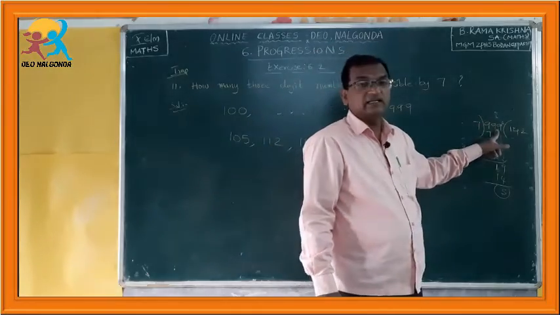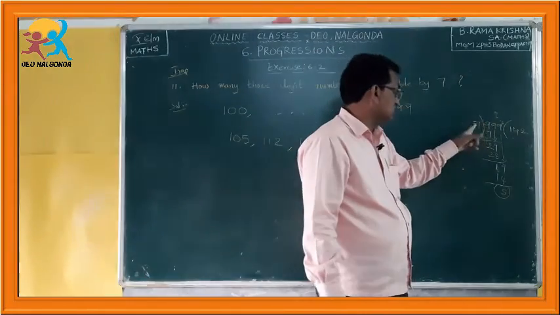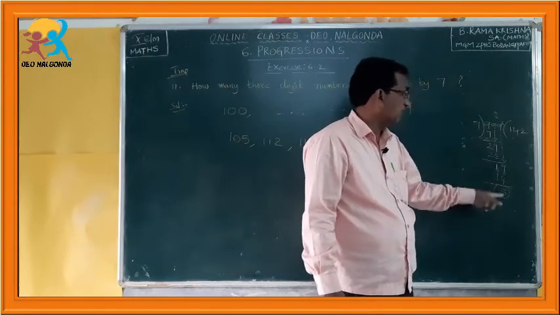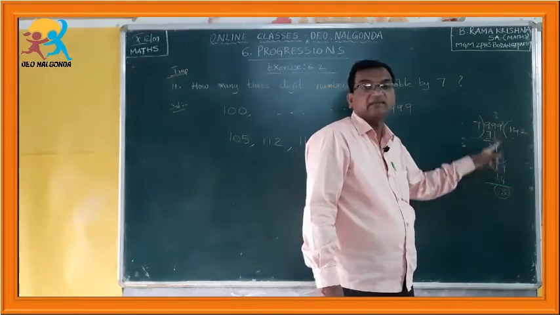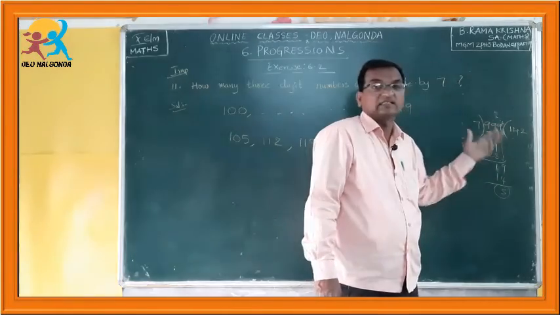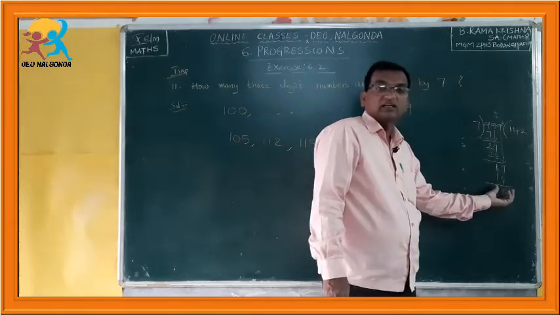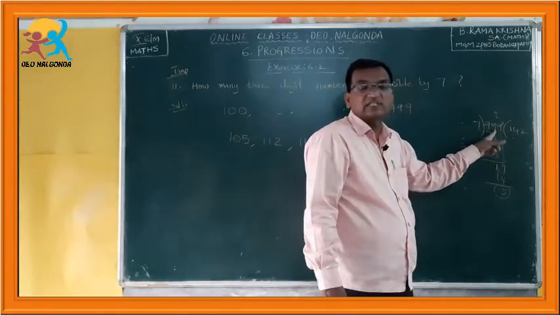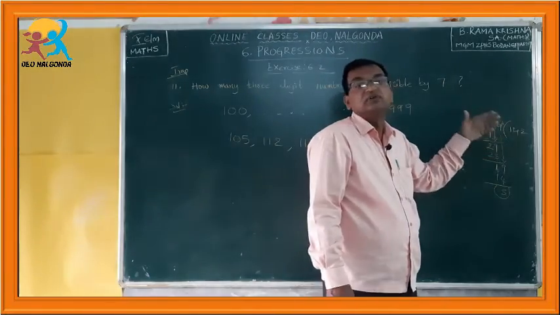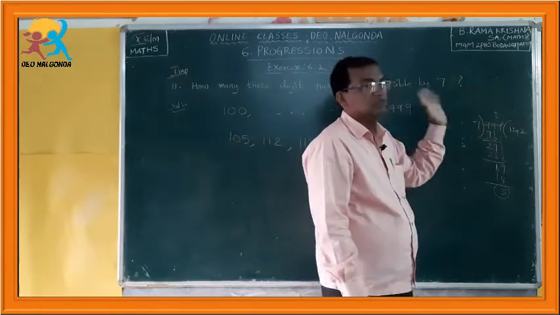Means 999 is not divisible by 7 because it has an excess of 5. If this excess value is removed from 999, you will get a number which is divisible by 7.